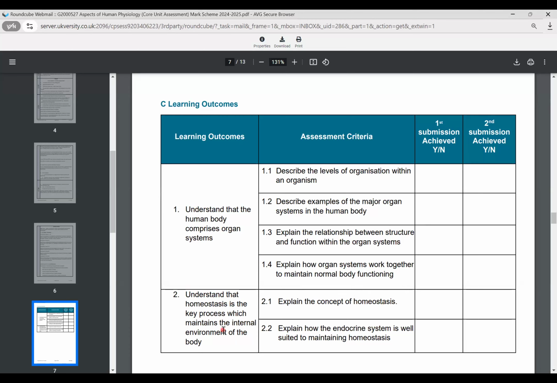You can't work properly, you can't function properly. And then we want to understand homeostasis. What is homeostasis, and what does it mean when we talk about the internal environment of the body? We'll talk about the main concepts of homeostasis, and we'll also explain how the endocrine system is well suited to maintain homeostasis. So we have 2 learning outcomes for this unit.